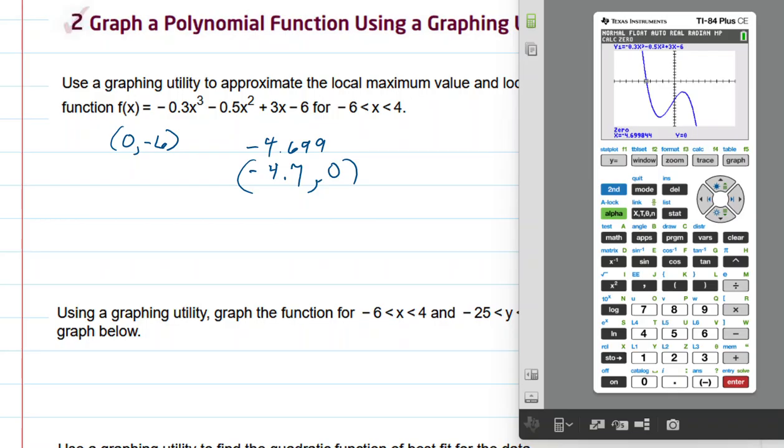Okay, and it wants local max values. Max are the vertexes of the humps that happen. So we're going to do more keys on the calculator. Everybody ready? Everybody breathing? Okay, so now we're going to find the min-maxes.